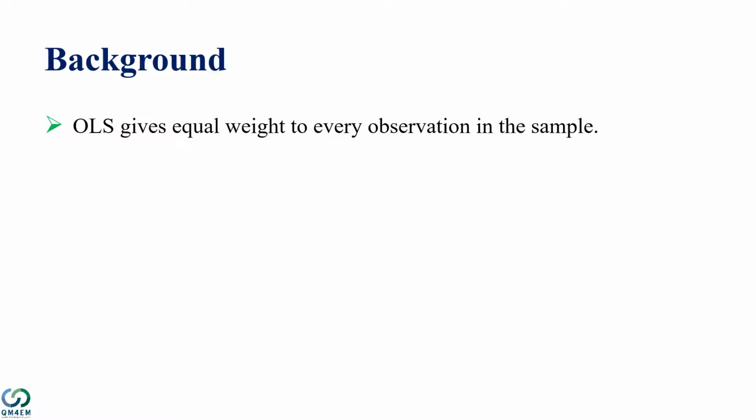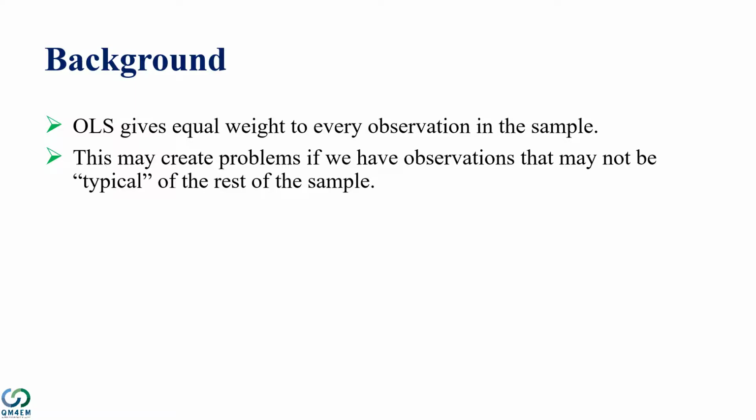All these 20 observations will have exactly the same weight. However, when we have a certain kind of observation that's different than the rest of the sample observations, then we have the problem that OLS no more gives equal weight to these observations.